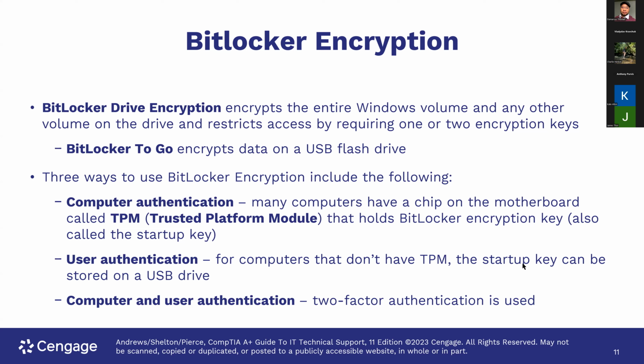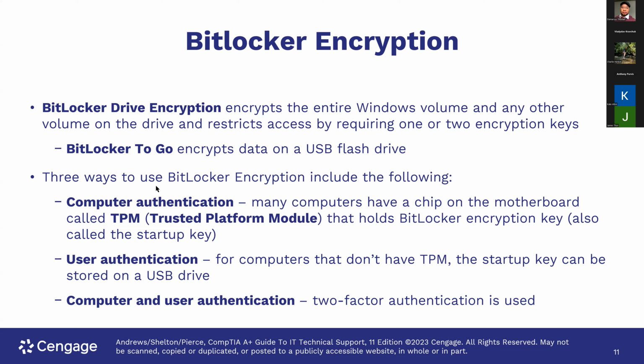So we're getting into some of that BitLocker encryption, and some of you guys are familiar with it. It encrypts the entire Windows volume and any other volume on the drive, and it restricts access by requiring one or two encryption keys. BitLocker To Go encrypts data on a USB flash drive.